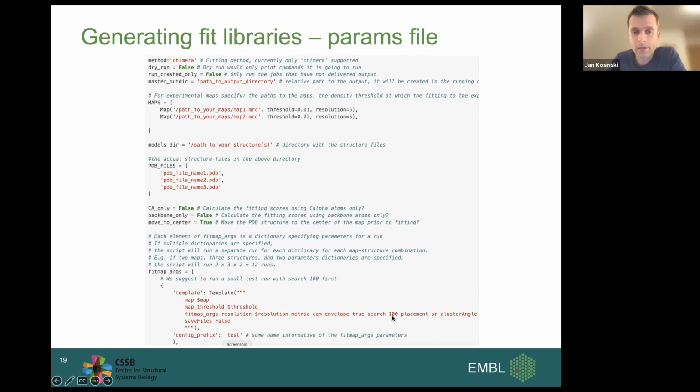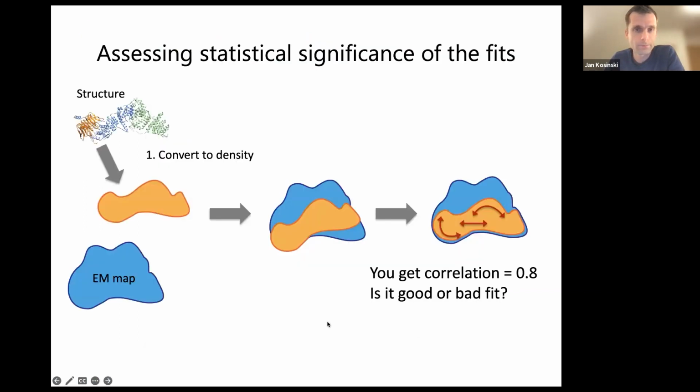But at the same time, if you know Python and you need to modify the protocols for some more advanced usage, you always have access to that, and you can do it. So this first script, fit.py, takes all the structures that you have and fits them to all the maps that you have, automatically.